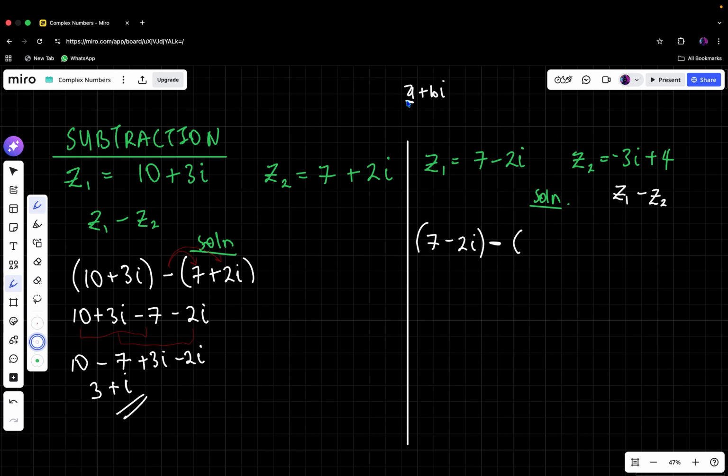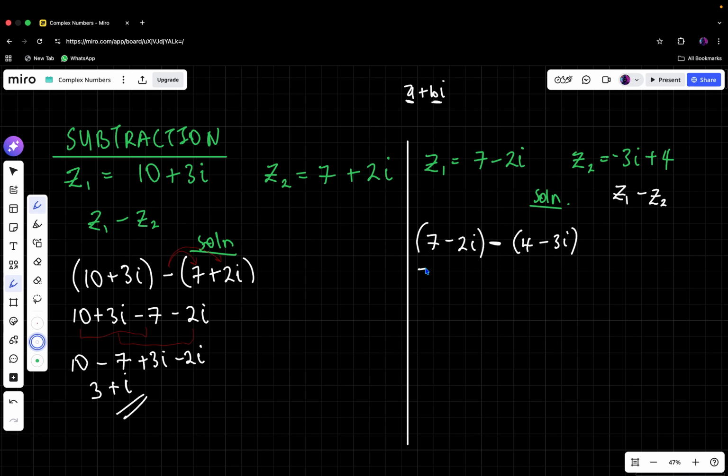So the real part should come before the imaginary part. Here, the imaginary comes before the real. So you can still leave it the same way, it would be the same operation. But really, what you just need to do is flip them. So the real part comes first, which is 4. The imaginary part goes second, minus 3i.